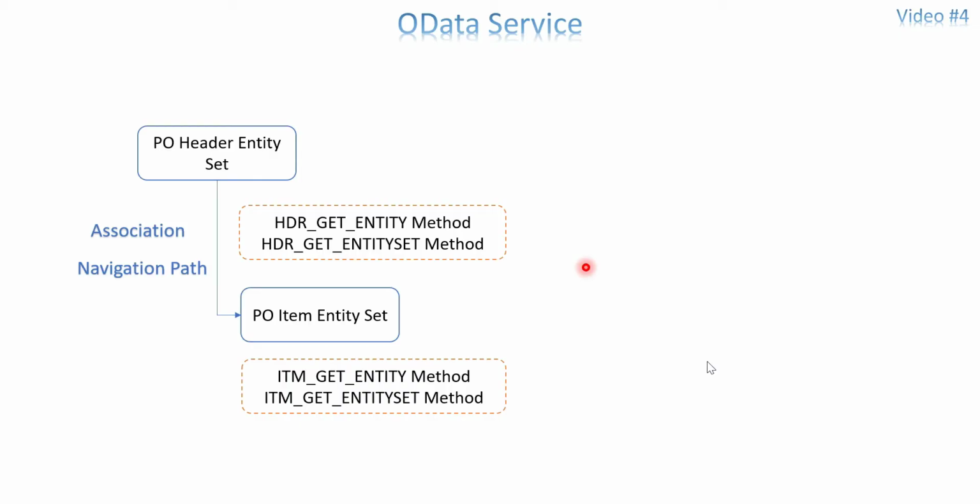A very simple way to understand this method is that it is nothing but a work area. If the system decides that this particular URI or request from the UI returns only one record at a time, then the entity method is called. Next, if the system decides that based on this URI it may have more than one record at a time, it's nothing but an internal table, and that decision executes the entity set method.